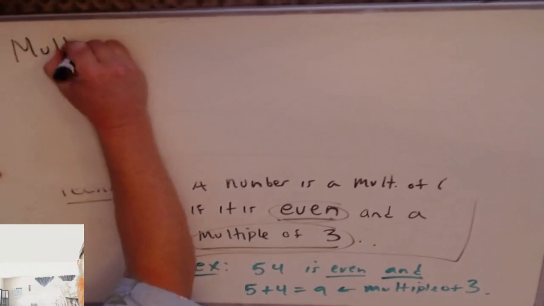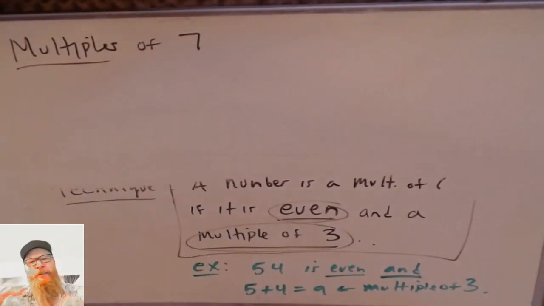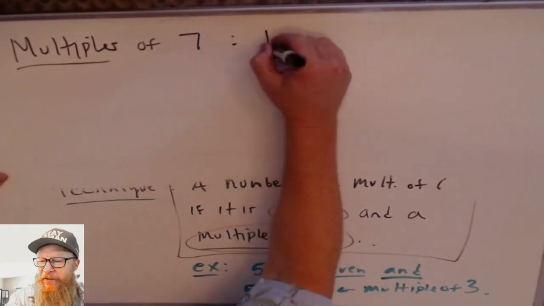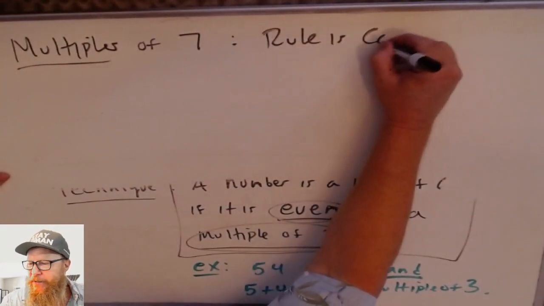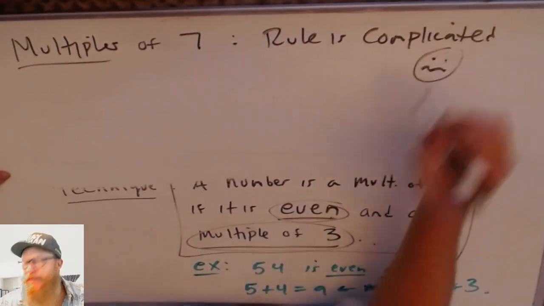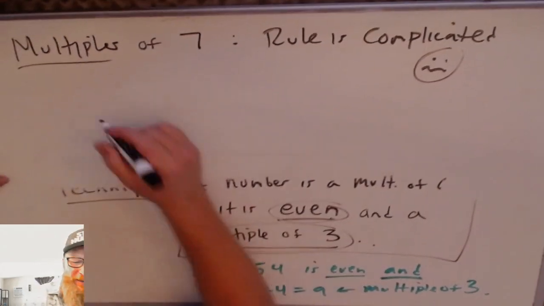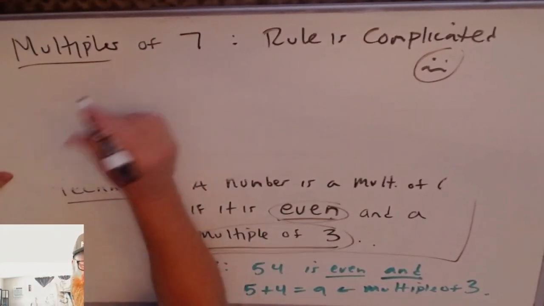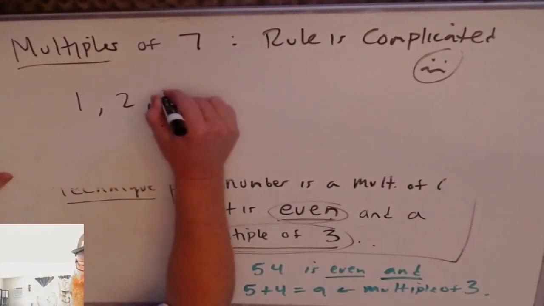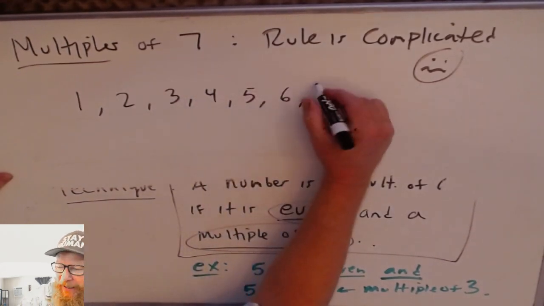Multiples of 7. The rule is too complicated. It's so complicated that it's not even worth it, right? Multiples of 7 are all over the place.